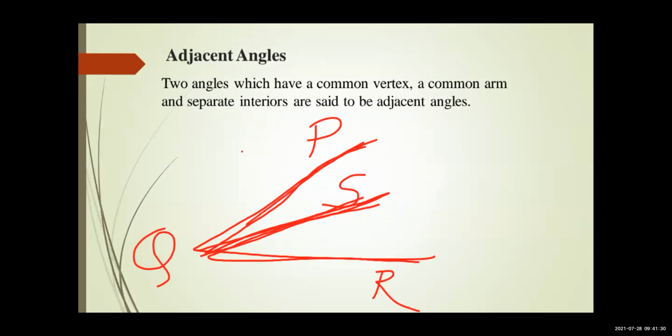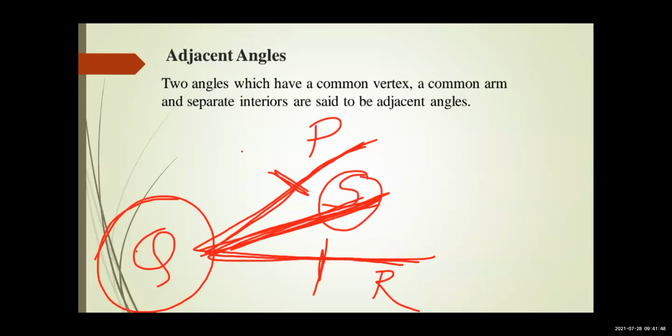That means there are two angles which have a common vertex. What is our vertex? Q. They have a common vertex and a common arm, which comes in this angle and in this angle, and a separate interior, not joined with anything else. So this is said to be an adjacent angle.